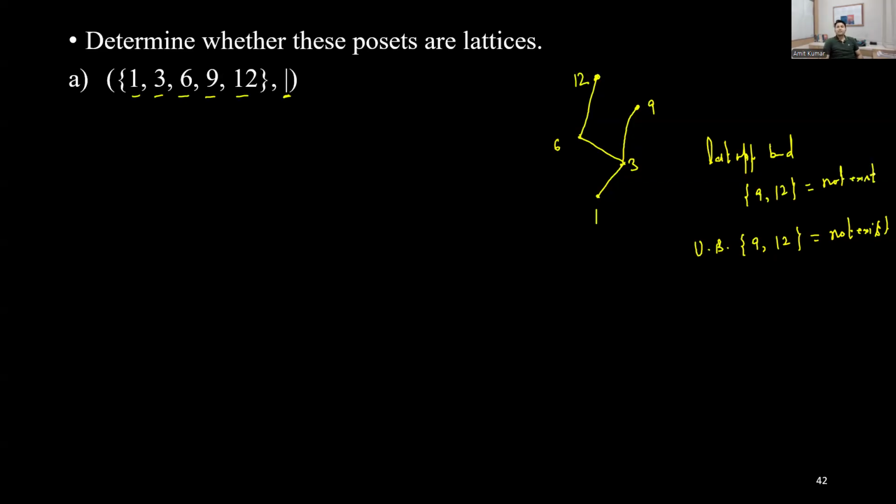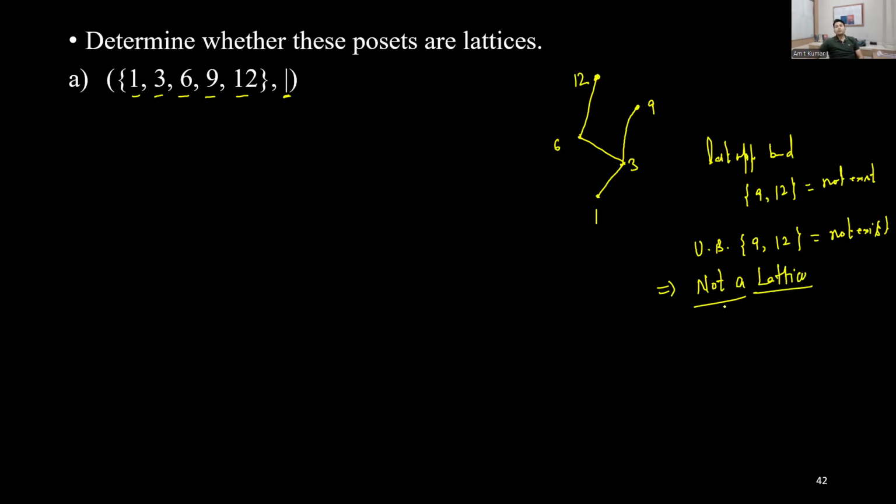As the definition of a lattice says, for every pair of elements, the least upper bound and greatest lower bound must exist. Over here, I find one counter example which shows that the least upper bound of 9, 12 does not exist. Hence, I can say the given structure is not a lattice.